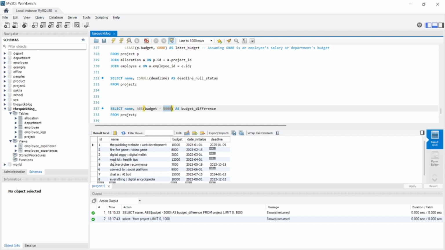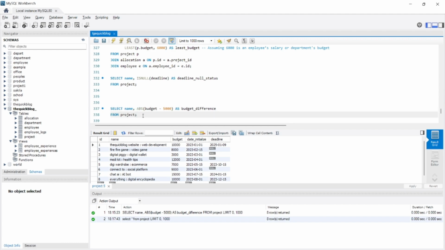We have a field called digital piggy that has a budget of 3,000 only, and normally if we subtract 5,000 from 3,000, it should give minus 2,000 as the result. But in the case of this ABS function, it will give us the non-negative value. That means it will remove the minus, and it will only give the positive part of the result.